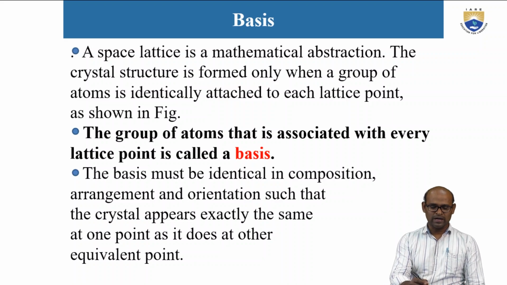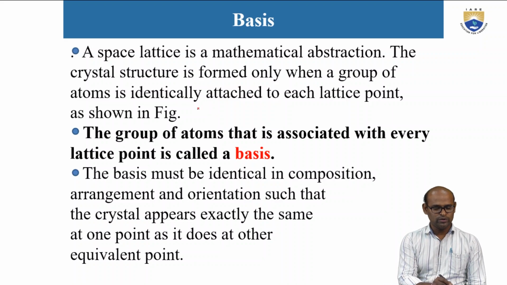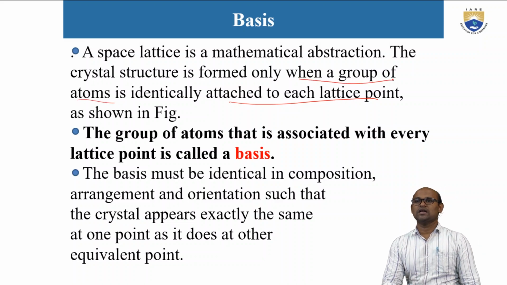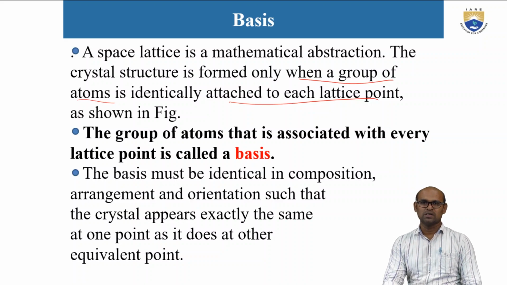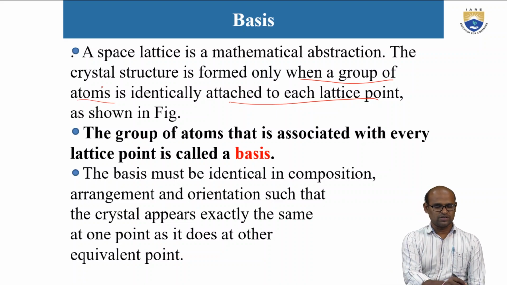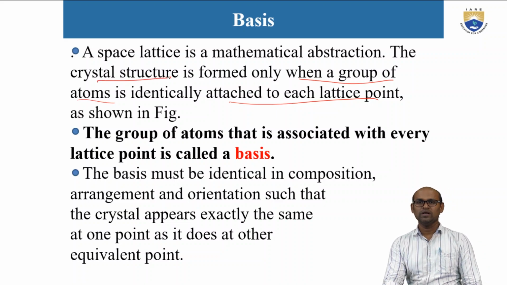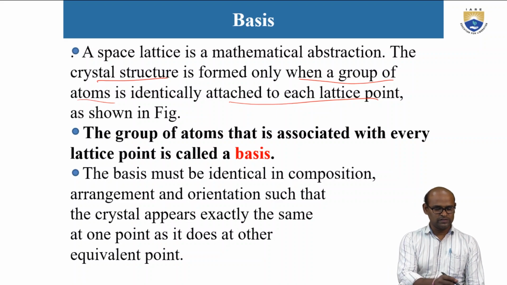Now we are going to attach to each lattice point a single atom or a group of atoms, identically. That gives us the crystal structure. We will see that in the figure.